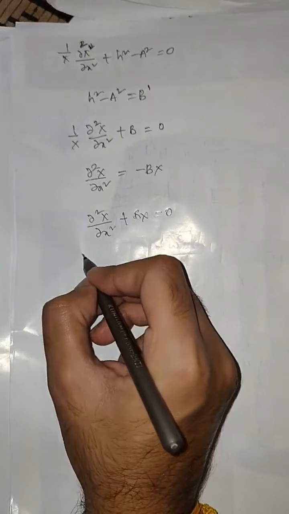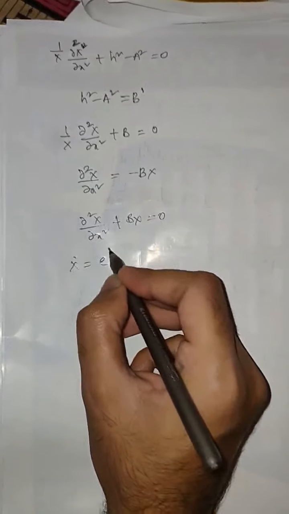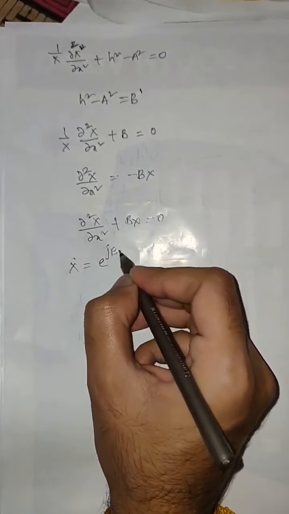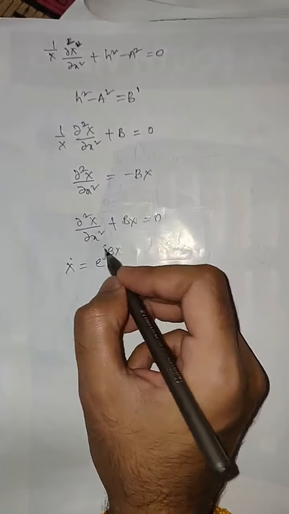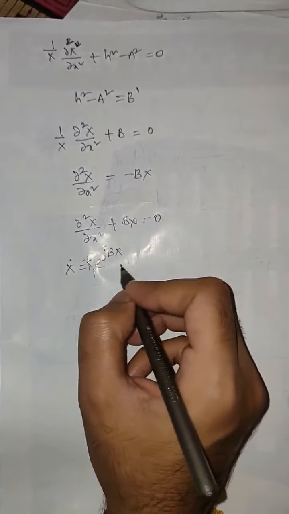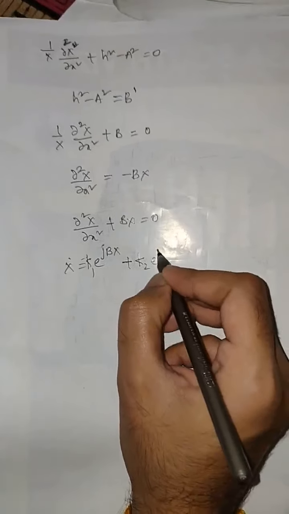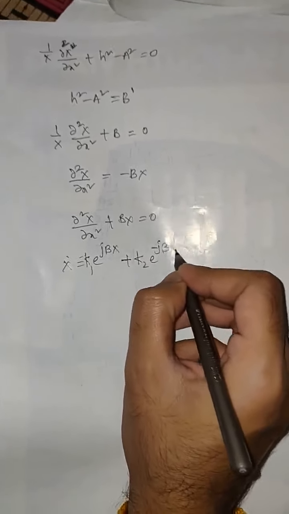Okay, so the solution may be X is equal to k1 e power of jbx plus k2 e to the power of minus jbx.